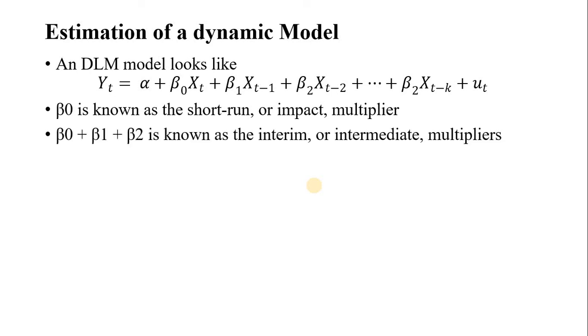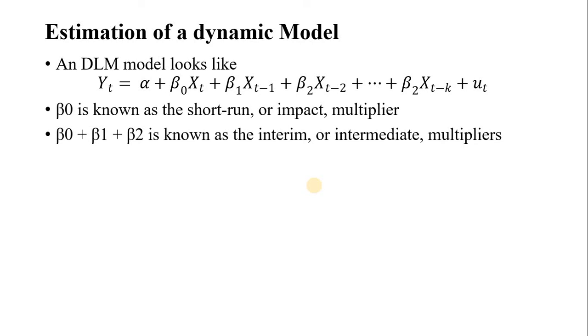Suppose there are beta 0, beta 1, beta 2, beta 3 up to beta k, or suppose there are 16 lagged values, and I am just taking beta 0 plus beta 1 plus beta 2 plus beta 3, only 4 variables. It will give us an intermediate multiplier or intermediate effect.